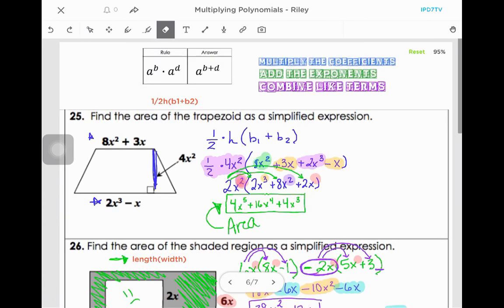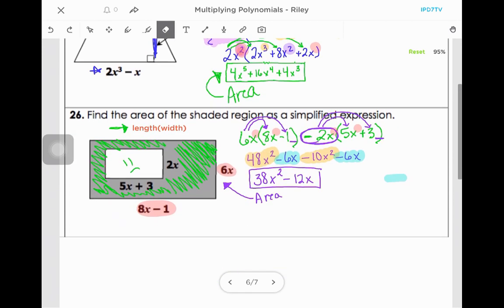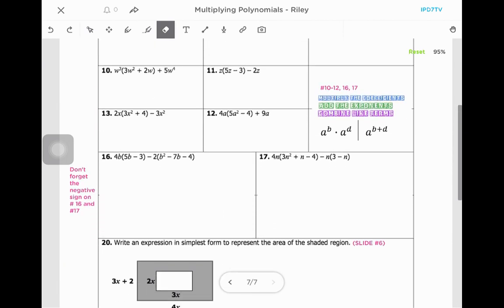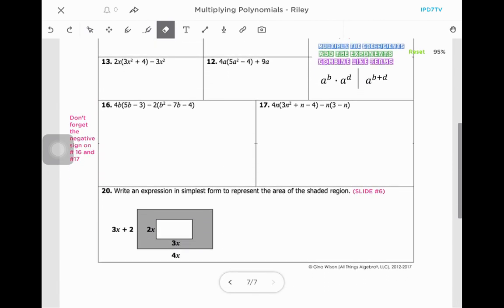Honestly, it's easier than the one that we did on slide 6. It has easier numbers to work with. So I would look at the one we just did on slide 6 together and kind of reproduce what we did.